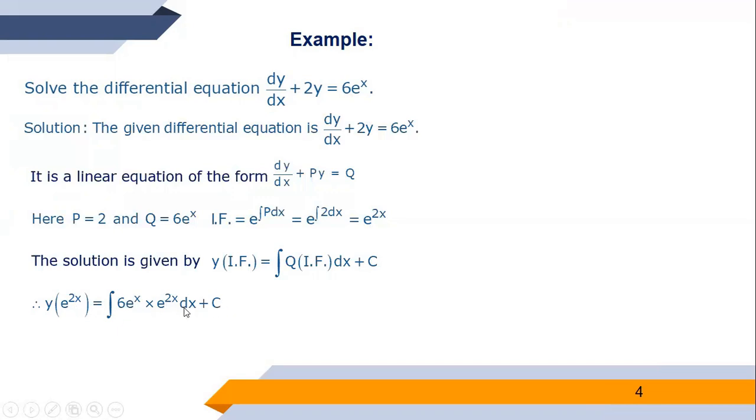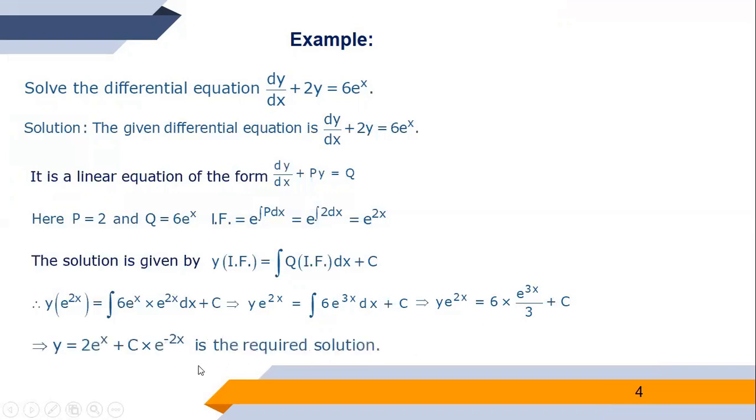So e raised to x into e raised to 2x is e raised to 3x. So the answer is y e raised to 2x is equal to integration 6 e raised to 3x dx, and the integration of e raised to 3x is e raised to 3x by 3. So the required solution is y is equal to 2 e raised to x plus c into e raised to minus 2x, which is the required solution of the given equation.